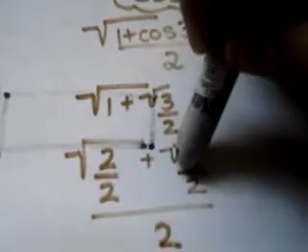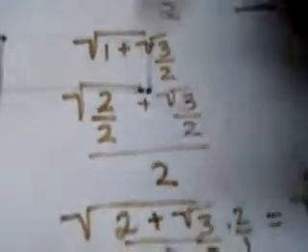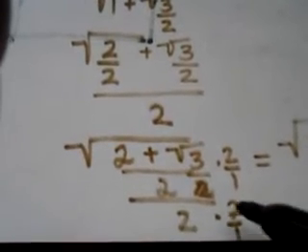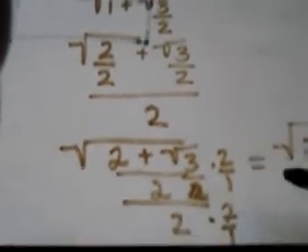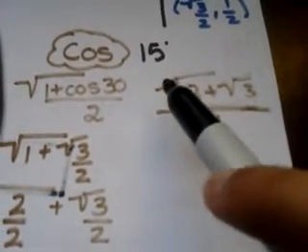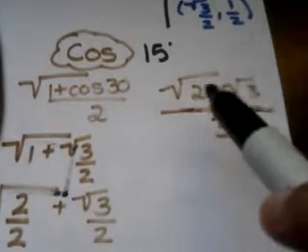Make it into the same denominator, in which then we will use the reciprocal, 2 over 2, which will then cancel out, and it will be 2 plus radical 3 divided by 4, and then it will finally end up to be radical 2 plus radical 3 over 3. And you can check if these answers are right by simply plugging them into your calculator.